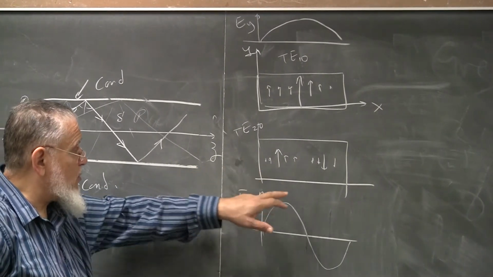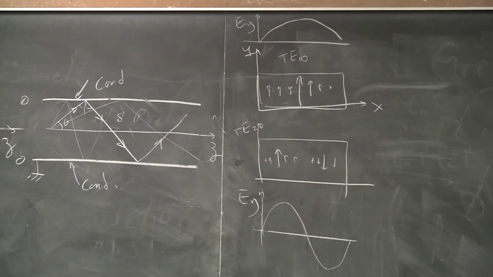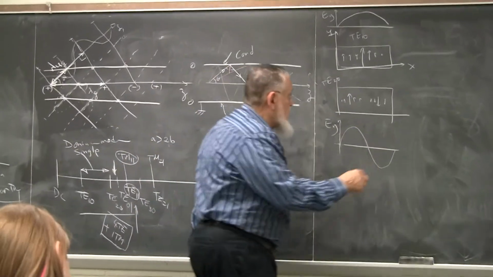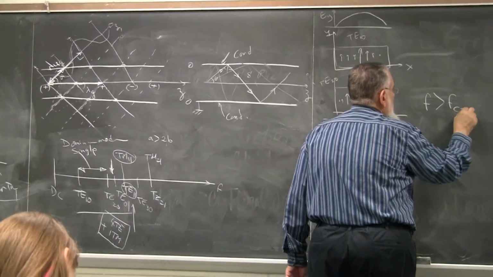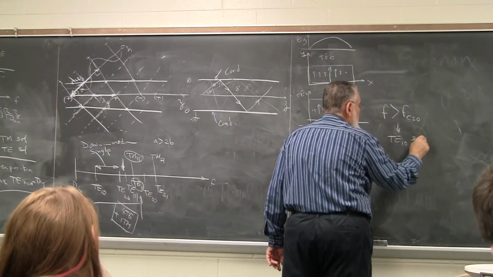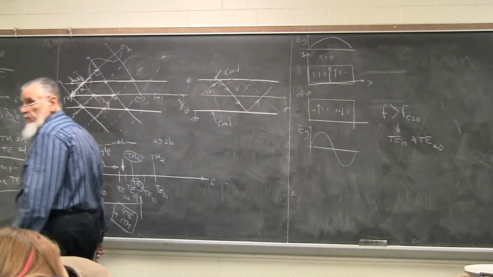So suppose for some reason you'd like to operate in this mode and not in that mode. So you get your frequency down here, then you get two modes, right? If you operate in this frequency range, the first thing you do is F greater than FC20. That means you get all the TE10 and the TE20, right?